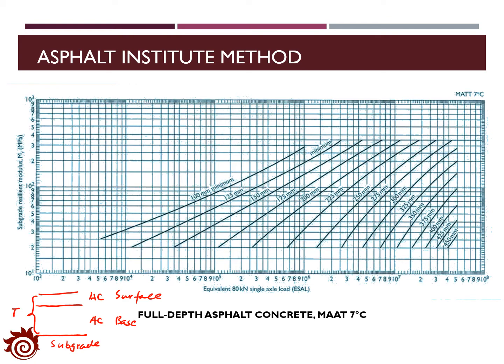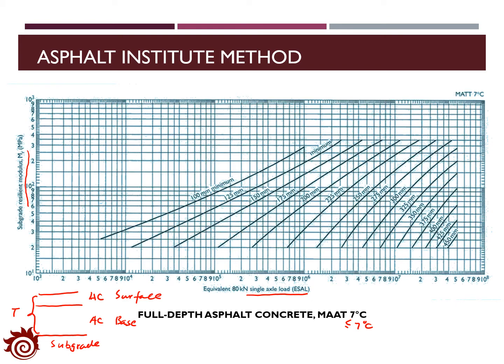And it is actually applied for the situation when the mean annual air temperature is less than 7 degrees. Also, we need to know the designed ESAL to the pavement and the resilient modulus for the subgrade.